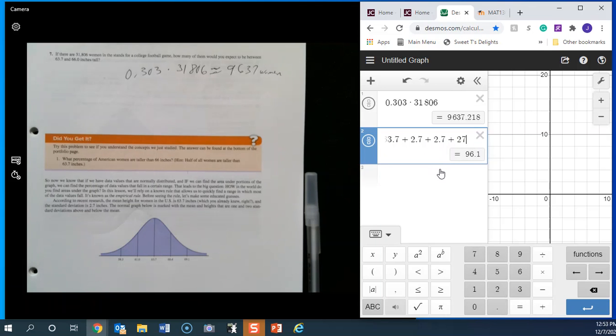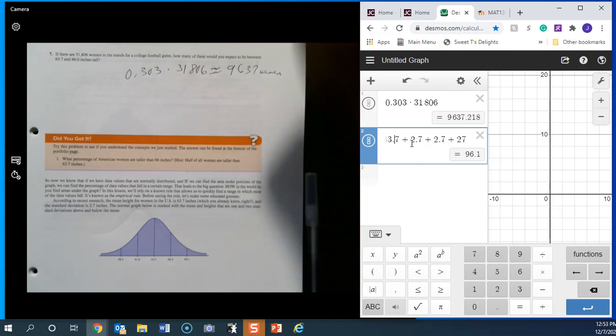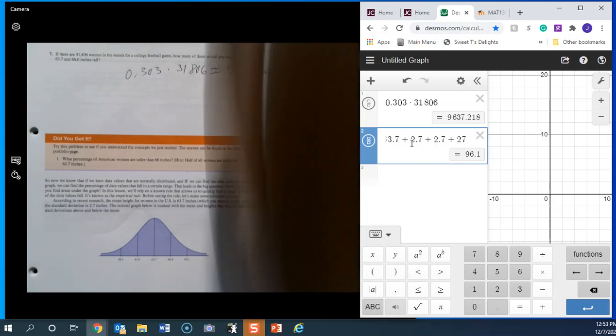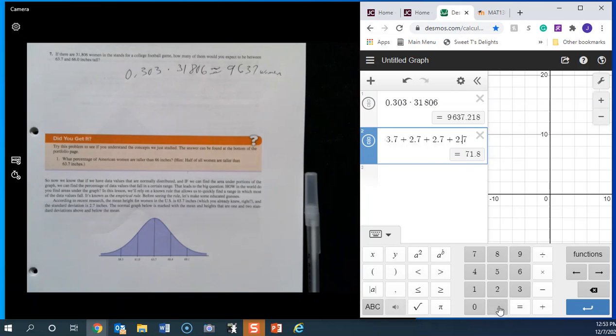Okay, now, so this is 96.1 is 3 standard deviations above what the mean is. Oh, you know what? I'm sorry. I made a mistake. I didn't put the decimal here. Okay, 71.8 is 3 standard deviations above.